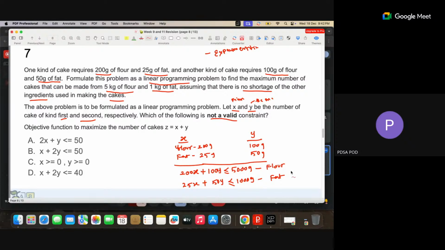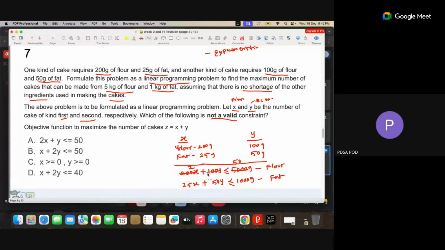Yes, sir. So let us simplify this. We can divide by 100, so 100 times 2x and 100 times 50.